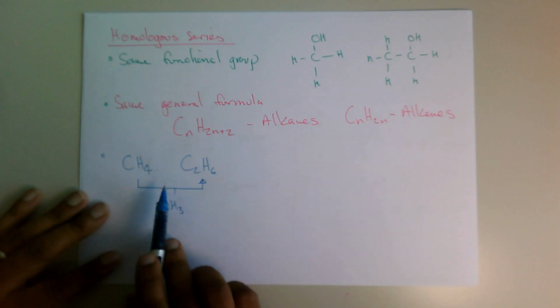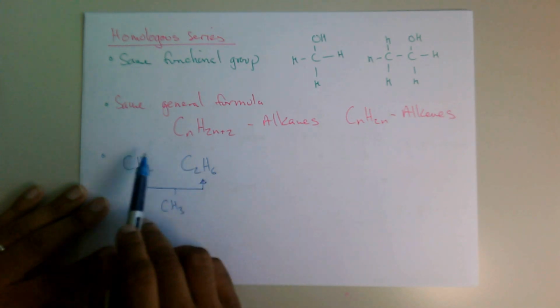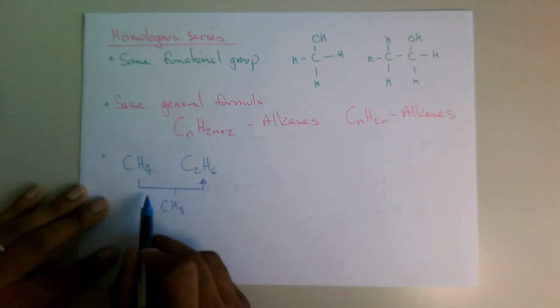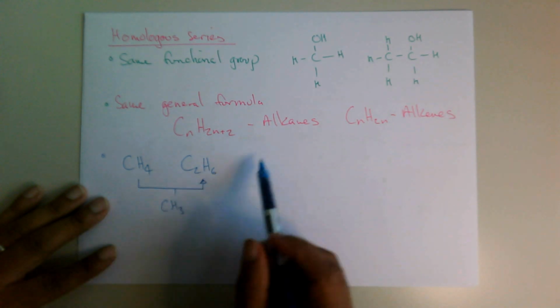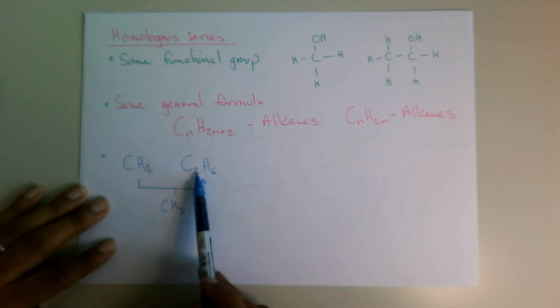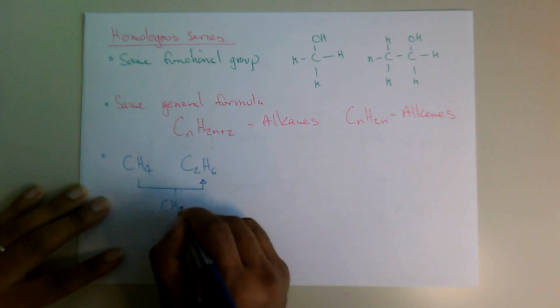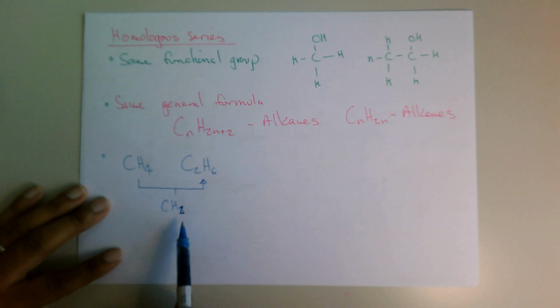Okay, the last part of this is looking at, so you've got two substances, methane and ethane, and they're obviously in the same homologous series because they're both alkanes. Methane is CH4, ethane is C2H6. The difference between the two is CH2.